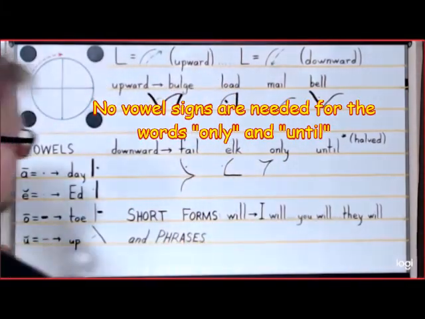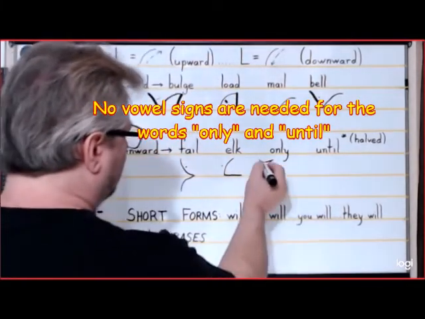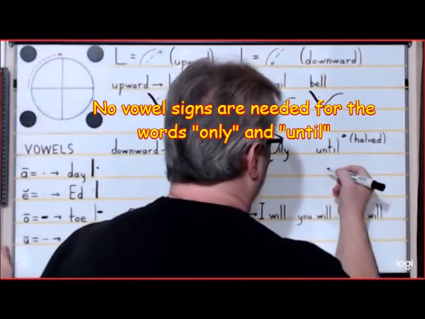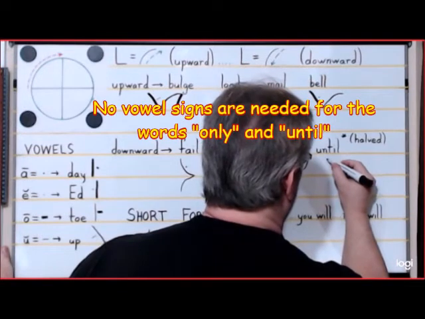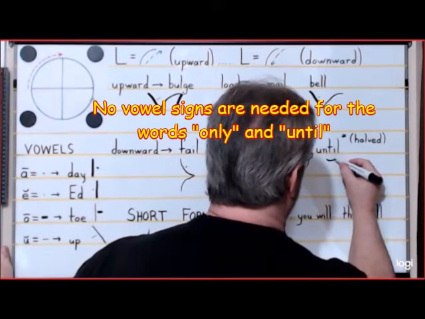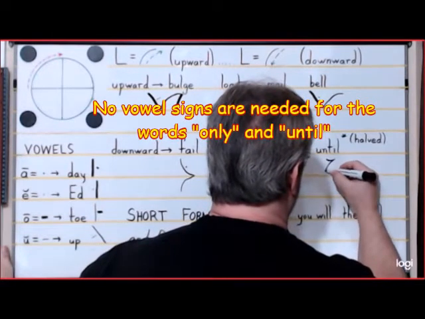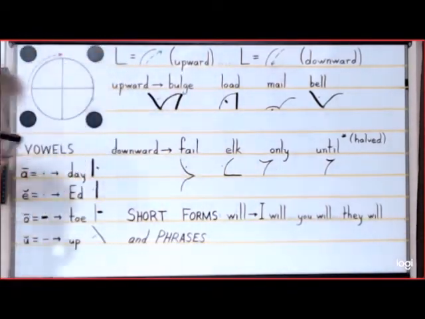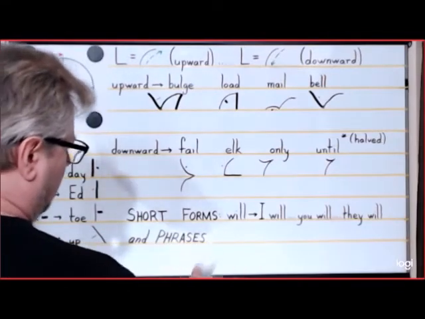Until, now here we're going to half the N here so that we can include the T. So it's going to look like this. So a halved N, which will mean NT, and then an L. Now in phrases, the L will represent the word will.